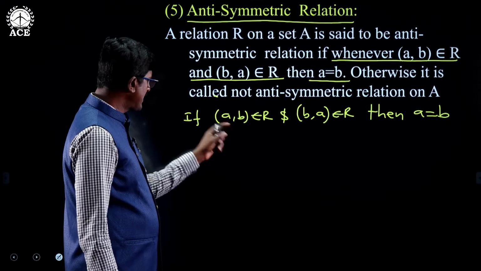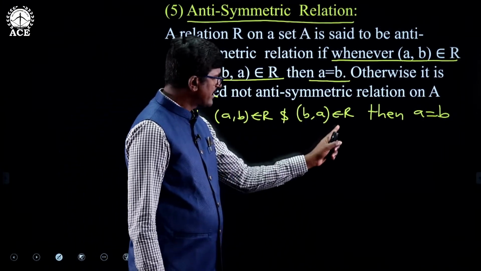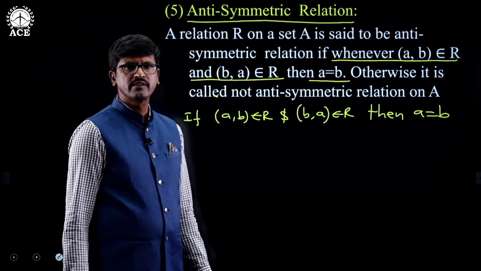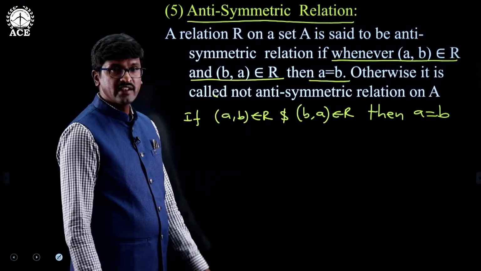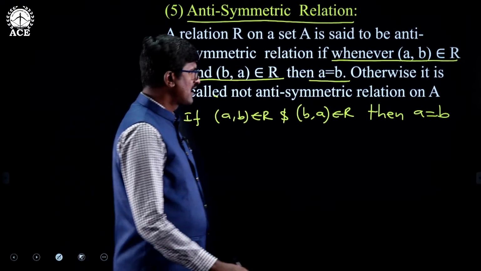If there is an ordered pair (A,B) and (B,A), then A must be equal to B. Then we say that the given relation is an antisymmetric relation.